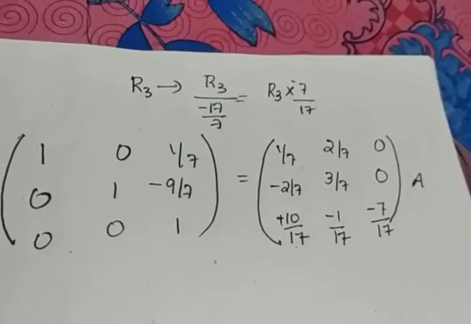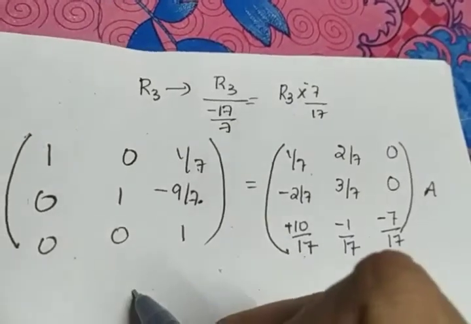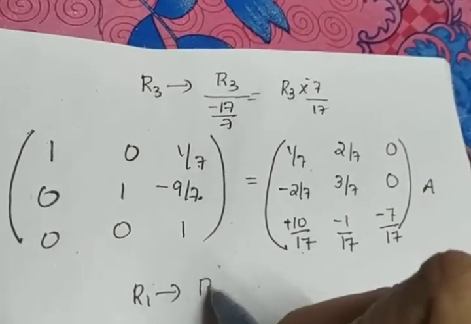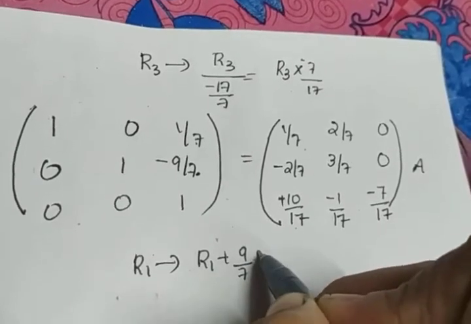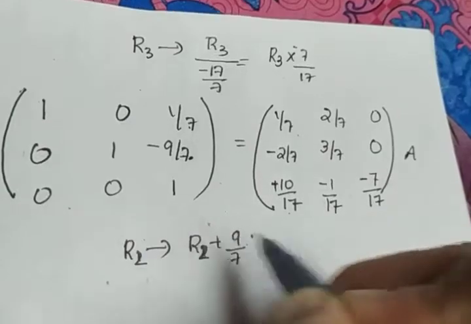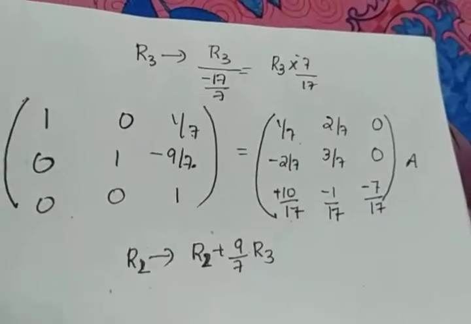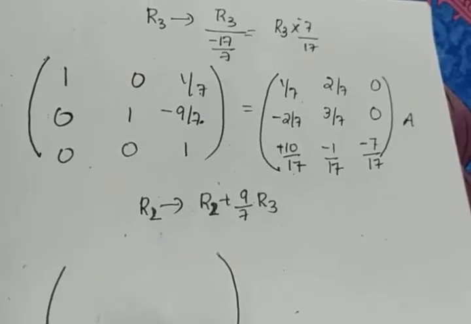Okay, again what do we have to do? We have to make minus 9 by 7, 0 and 1 by 7, 0. So R1 changes to R1 plus 9 by 7. R2 changes to R2 plus 9 by 7 R3. So R3 we are not changing: 0, 0, 1.